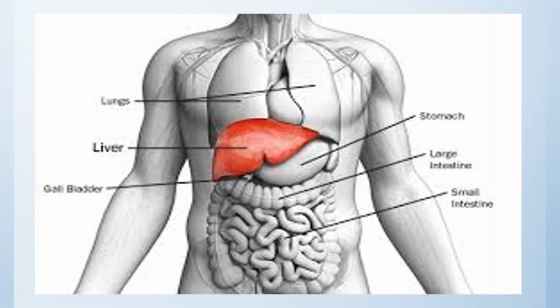The anatomy of the liver with its relationship to the abdominal structures. So the liver is beneath the diaphragm, and it occupies the superior aspect of the abdominal cavity. It is usually found in the right upper quadrant in the general population.